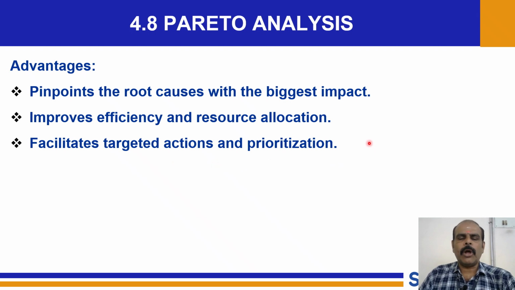The basic problem in solving any of the causes is to identify the troublemakers. That is very transparent in Pareto analysis. It helps us be efficient, improves resource allocation, and facilitates targeted actions and prioritization.